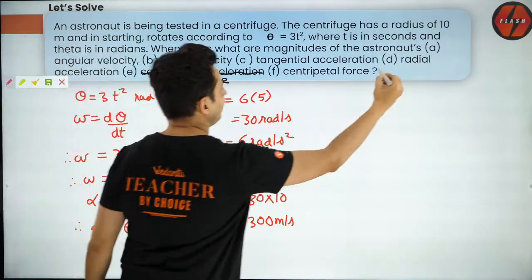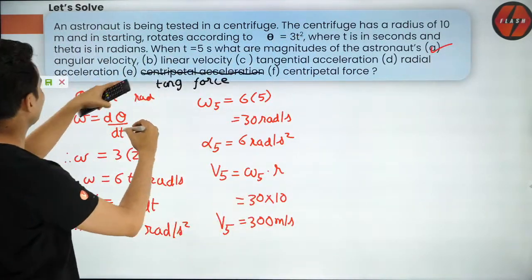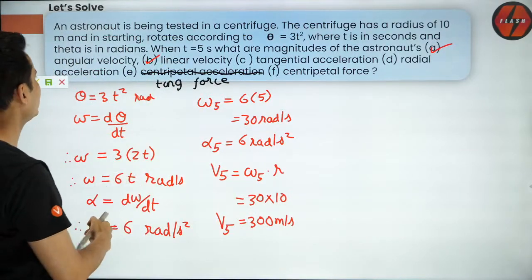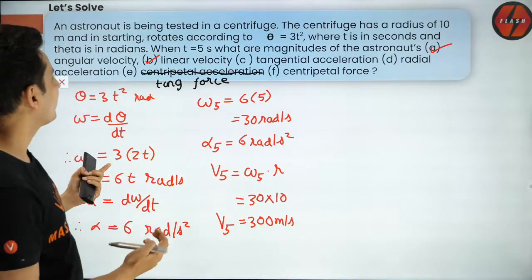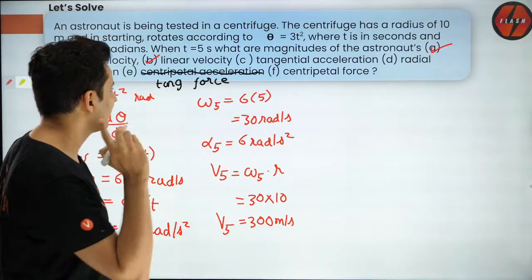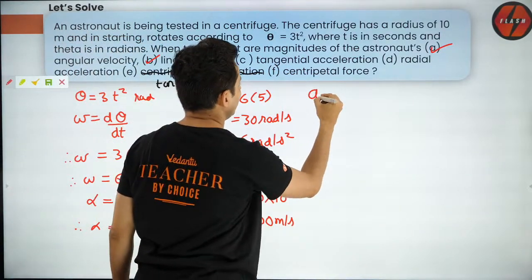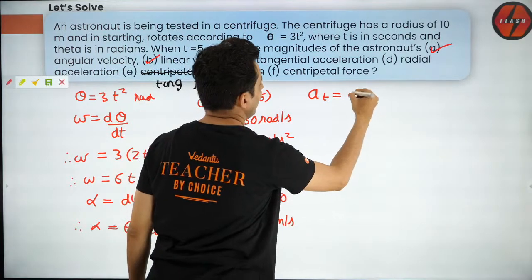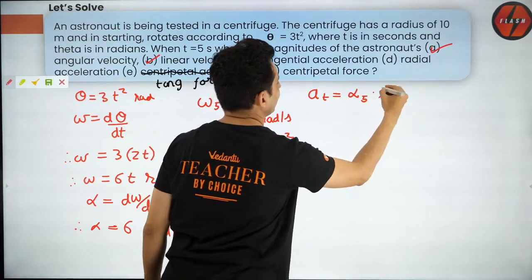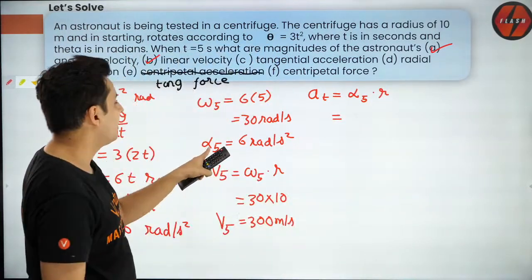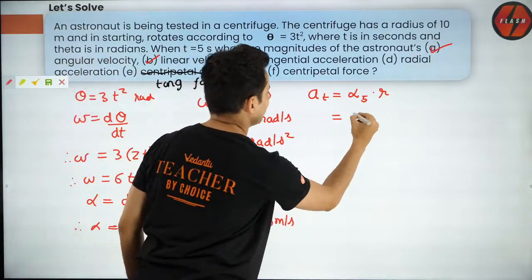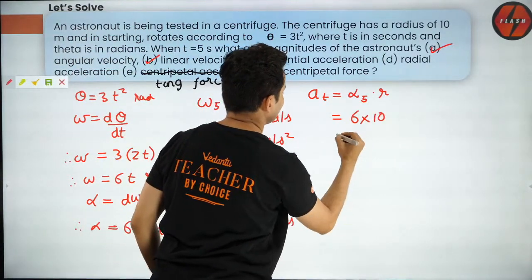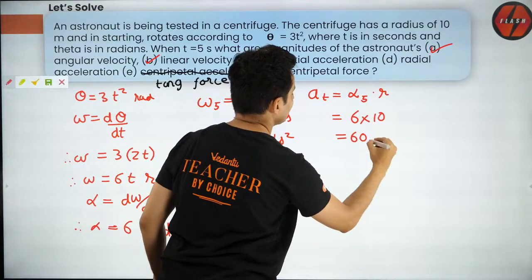Okay, so we have found part A, angular velocity. We have found linear velocity. The only thing left is tangential acceleration. So let's figure that out as well. Tangential acceleration is alpha into r. What is alpha at that point? Well, it is 6. What is the radius? It's 10. So 6 into 10, 60.